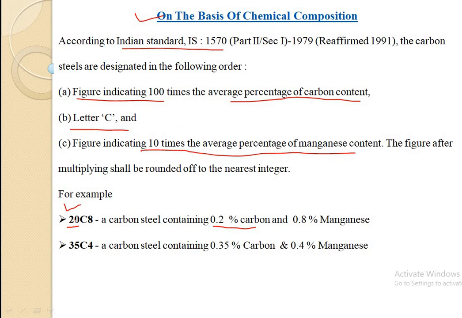That means we have to divide this 20 by 100, so the actual percentage of carbon is 0.2 percent. Keep in mind, the first figure indicates 100 times the average percentage of carbon content, so dividing this first figure 20 by 100 gives the actual carbon content, that is 0.2. Afterwards it is followed by the letter C.